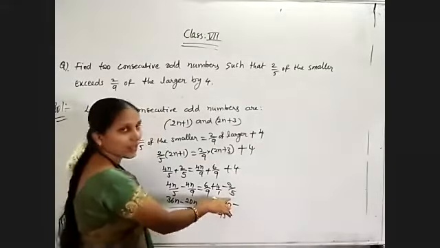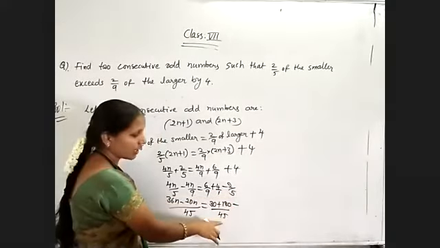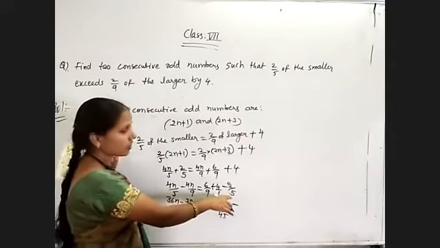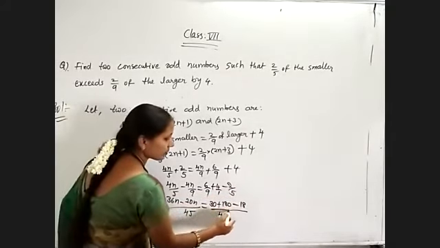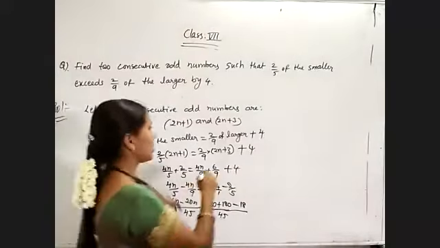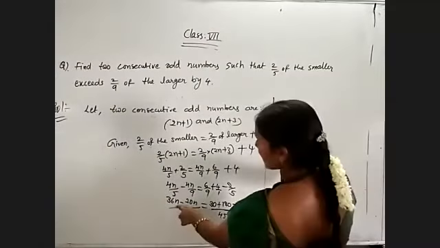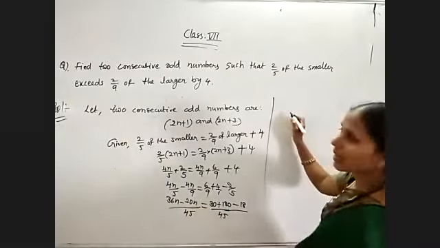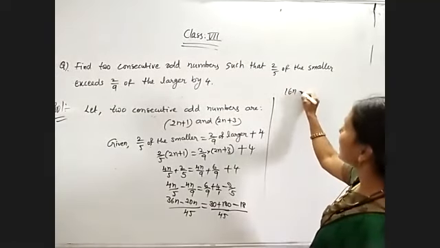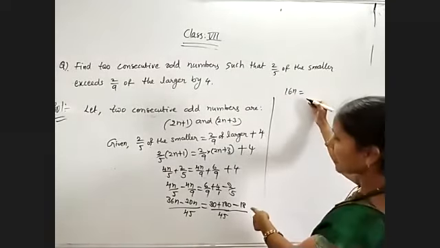Minus 5, 5 9s are 45, so 9 2s are 18. That's it. Now bring 36n minus 20n, 16n is equal to 30 plus 180, 210.